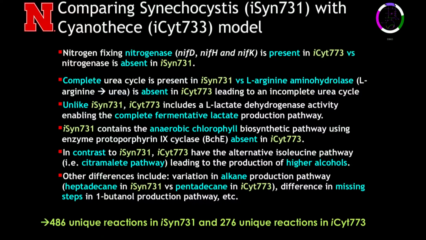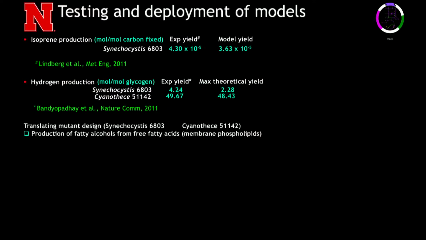So, these are the differences that we have figured out, and then I believe we have used the Synechocystis model to test some products. Two products that we have tried: one is isoprene, and I have given you an example of limonene, if you remember, in the first lecture. It's a similar isoprenoid, same pathway, two steps are different.